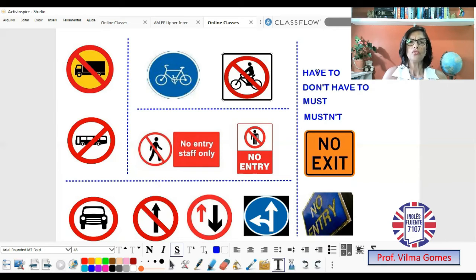First, have to. Eu tenho que, ter que, have to, ter que. Don't have to, não ter que. Have to indicates obligation, right? Don't have to indicates absence of obligation.